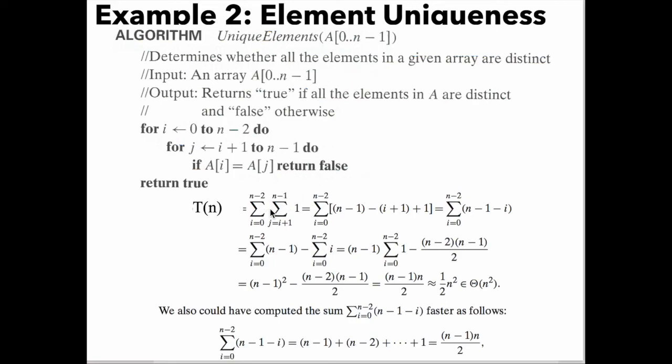So this is a simpler summation equivalent to what we used a while ago. This is simply the upper limit minus the lower limit plus 1. So this is n minus 1 minus I plus 1 plus 1.